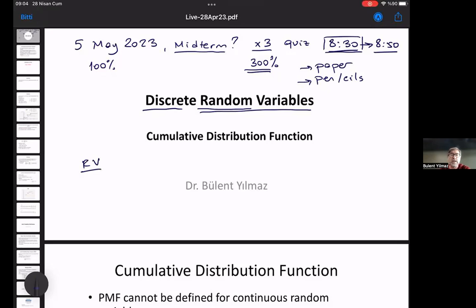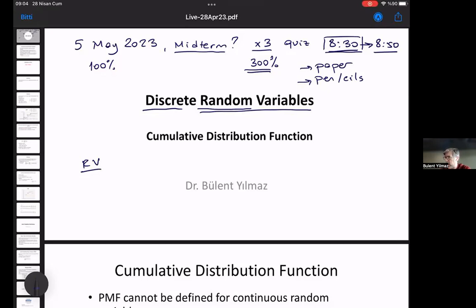For example, I'm rolling a die and I'm checking the output. I'm rolling a die and counting how many of the rolls have a number which is less than 3. These are kind of random variables and they are real numbers.